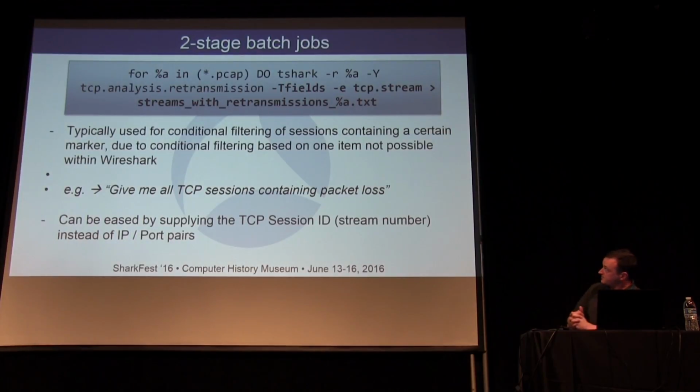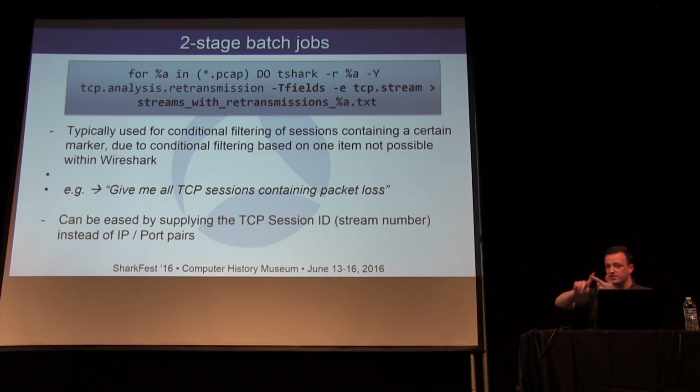Okay. So for the last example especially, if you just filter for certain problem indicators and let it output the TCP stream numbers, you can also pre-do all the work. So when you're getting back to thousands of trace files, you can do a for loop which filters all the streams which contain indicators of errors.